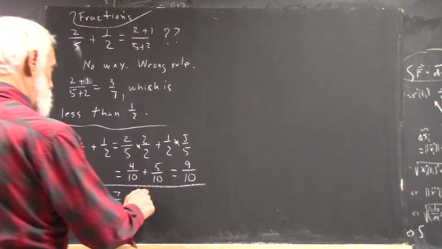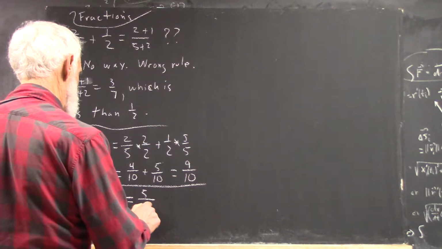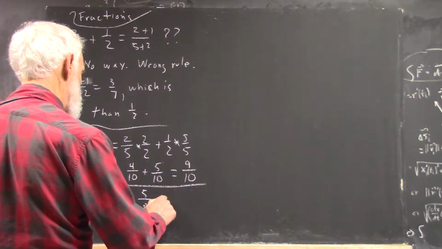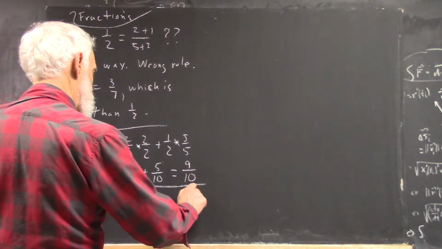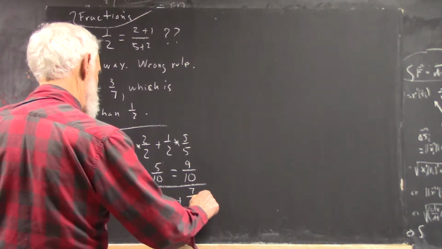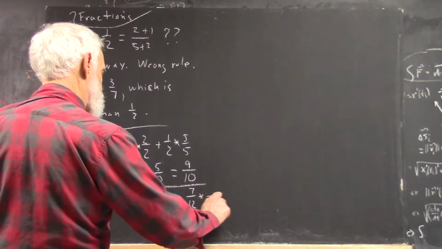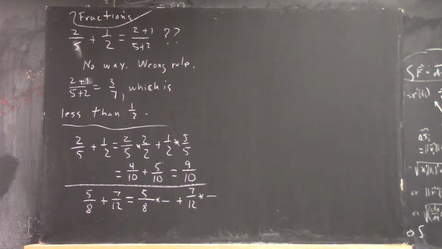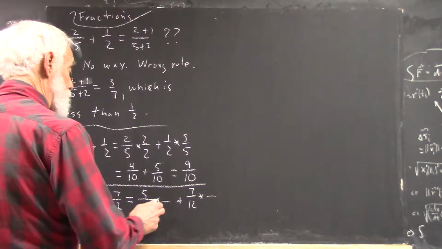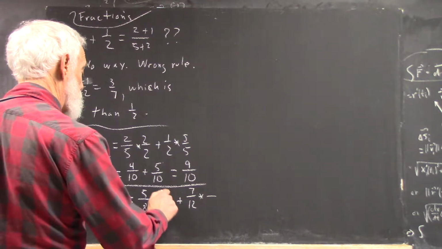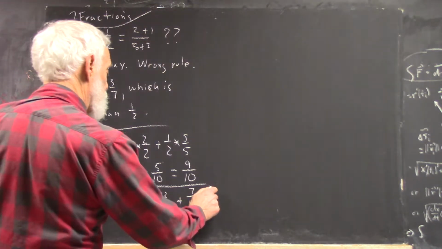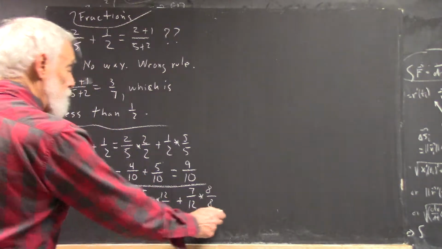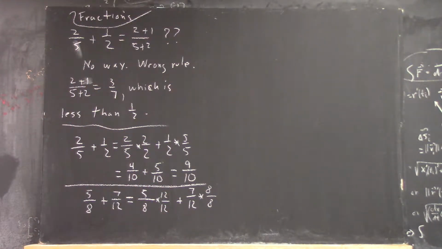I could say, well, okay, let's do 5 over 8 times something plus 7 over 12 times some number over itself, so that the denominators will end up the same, right? Okay, well, it certainly works if I use this denominator over here and this denominator over here, because my two denominators are going to end up the same. It's obvious. Okay?